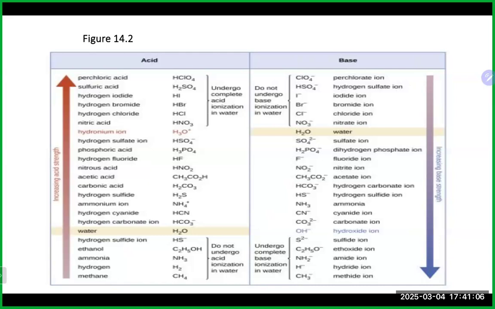Basically, that means it pretty much will not continue to react and affect the pH of that solution. Some things can react with water and actually go on to affect the pH of the solution. But if it comes from a strong acid or strong base, it will be relatively weak in terms of its conjugate partner. Now, if you have a weak acid or a weak base, its conjugate partner will be relatively strong.